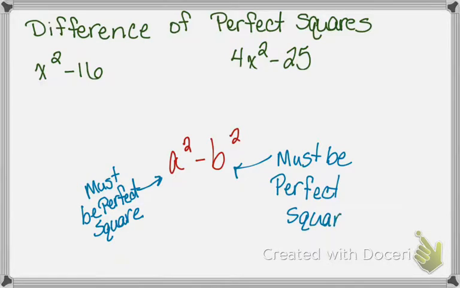And it must be combined with subtraction. If it is addition, this doesn't work. It must be subtraction. That's what the word difference means. The word difference means subtraction. If you've got a plus right there, it cannot be factored.